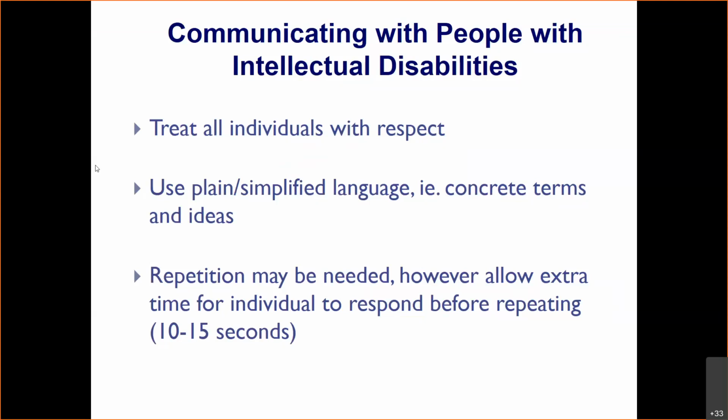And so, when we're communicating with individuals with intellectual disabilities, we're obviously going to treat all individuals with respect.